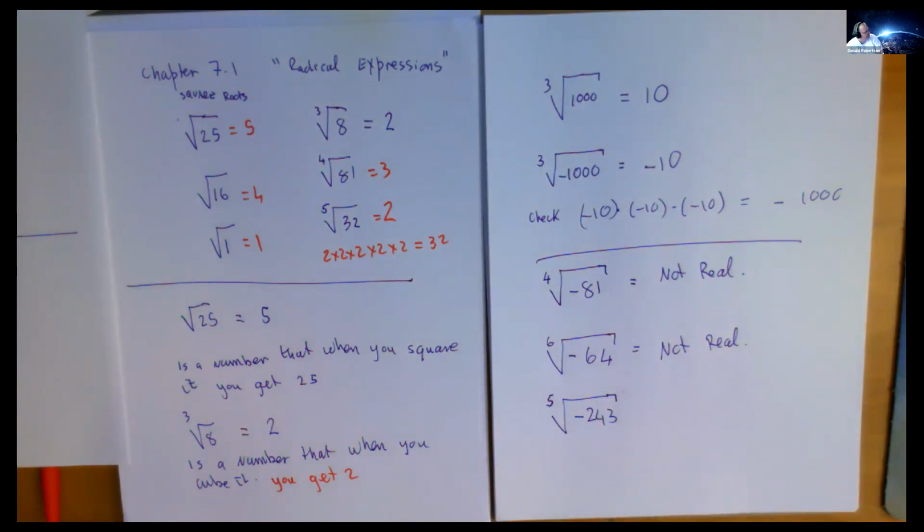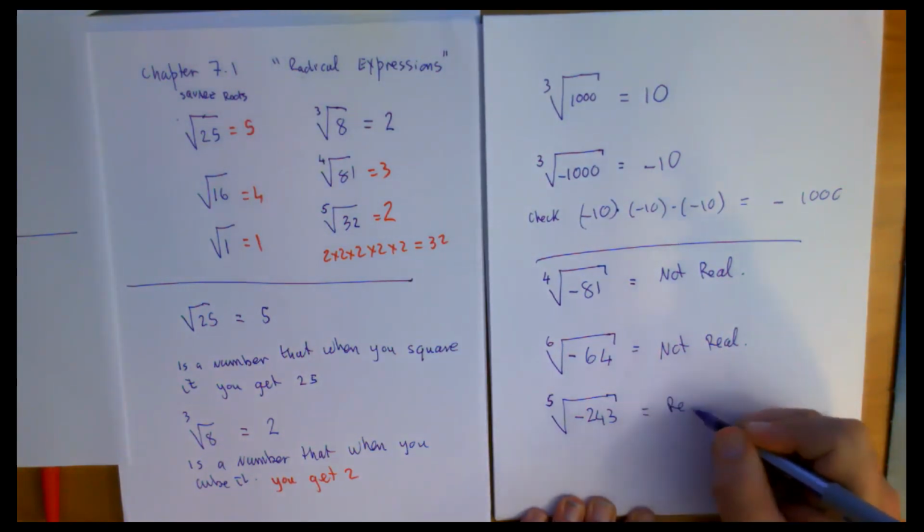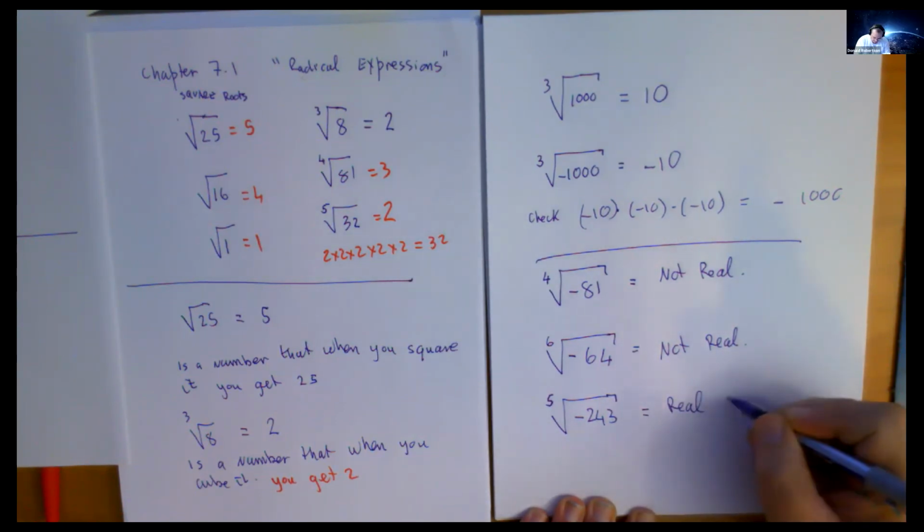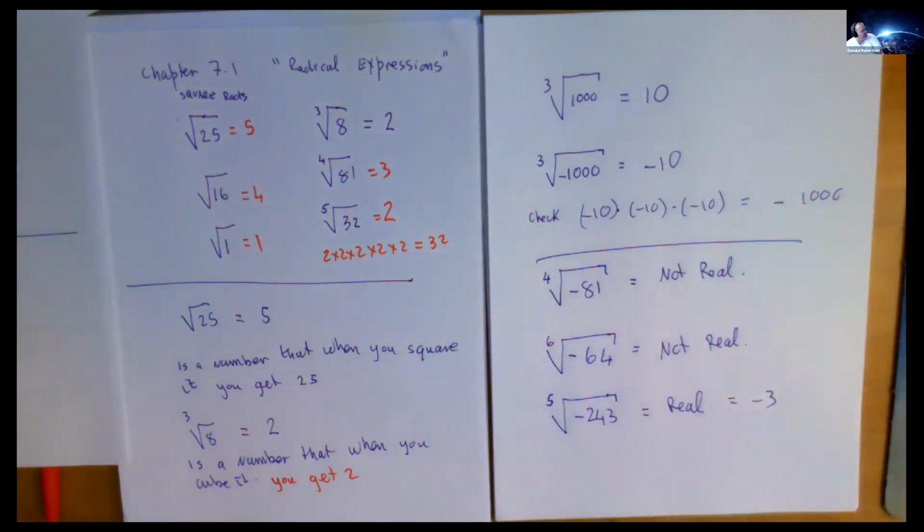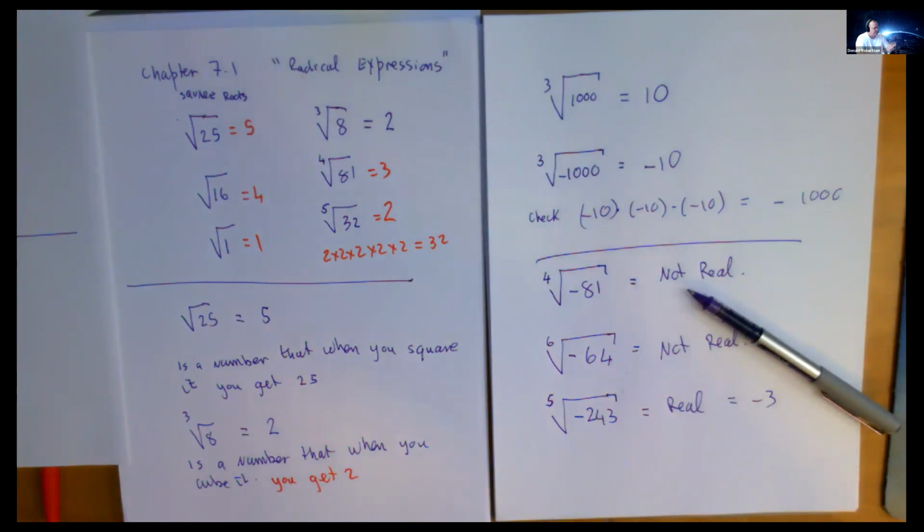You don't need to figure out the number because it's pretty hard to do in your head. Real. Real. Agreed? The answer happens to be negative 3 because I kind of did it with my fingers. You know your fingers are really good for these questions because you go 3 times 3 times 3 times 3 times 3 and you keep track of it and it works.